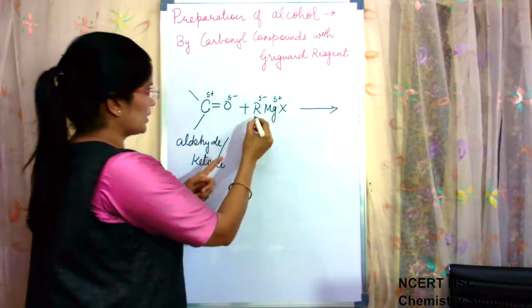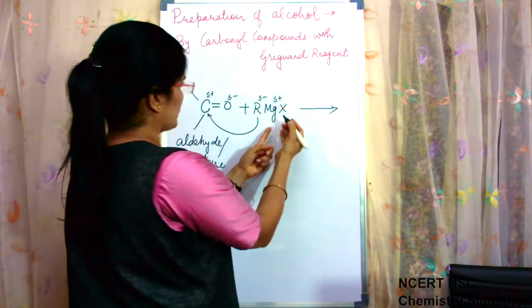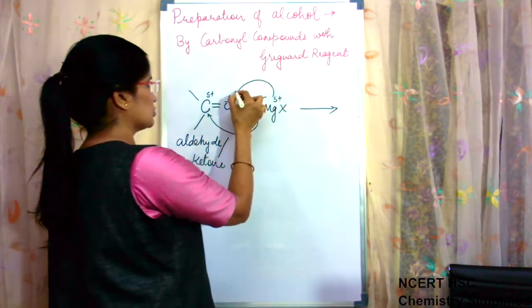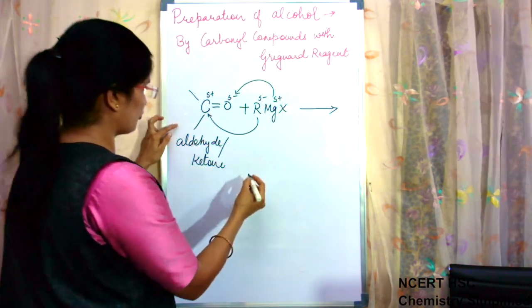So the negative part will move to the positive carbon and the positive part will attach to the negative oxygen atom, and the intermediate will be formed.